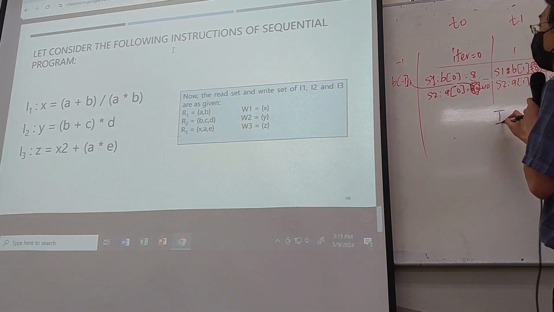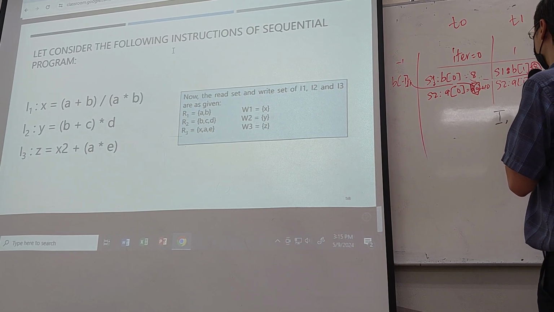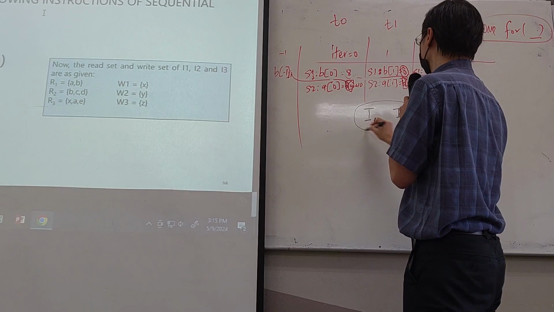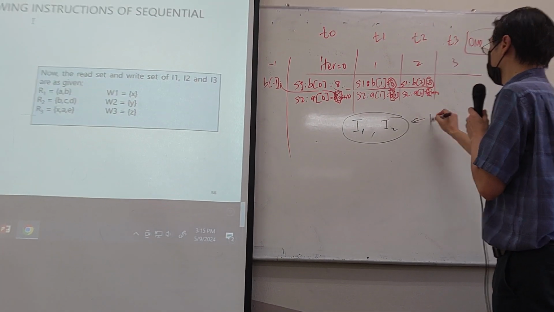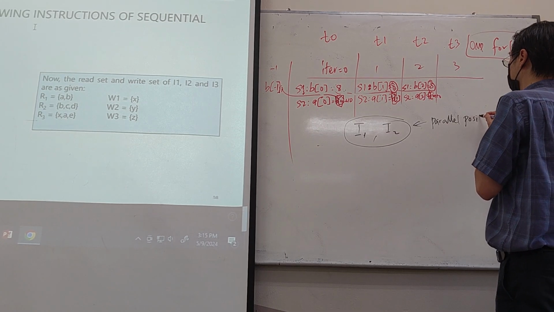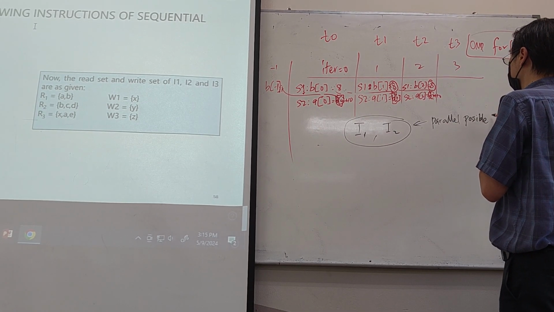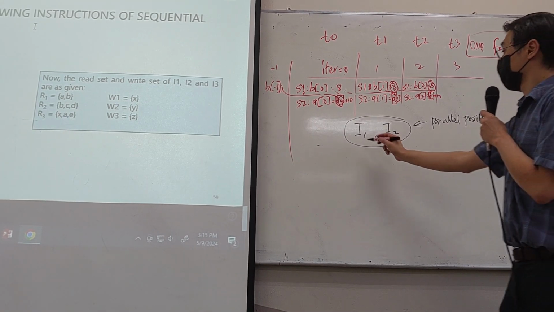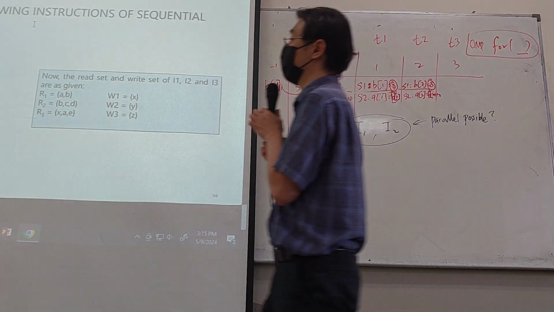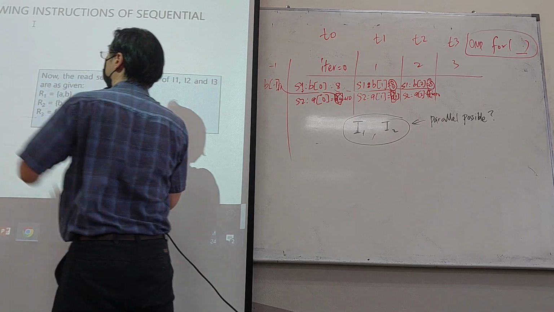That means I1, I2. Okay, can we run these two in parallel? So that's the question that we ask. Can we run these two instructions in parallel? That means this one run by track number 0, this one run by track number 1.